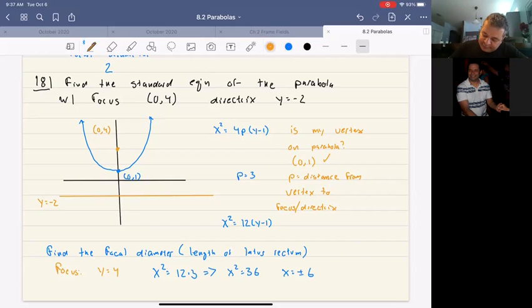So these points are (6, 4) and (-6, 4). The length of the latus rectum, or the focal diameter, is 12, from -6 to 6.